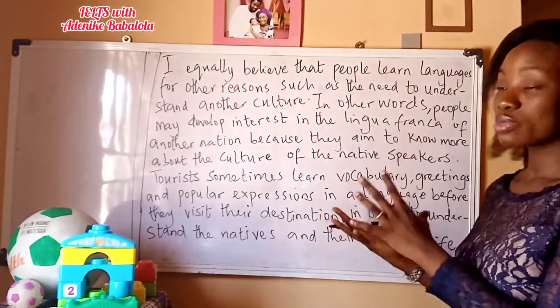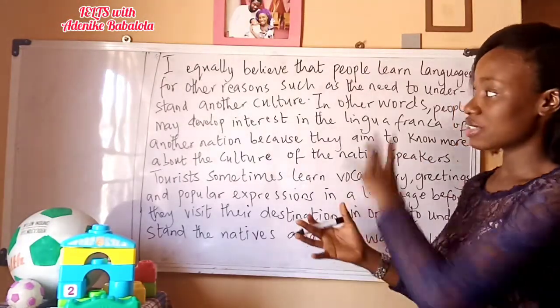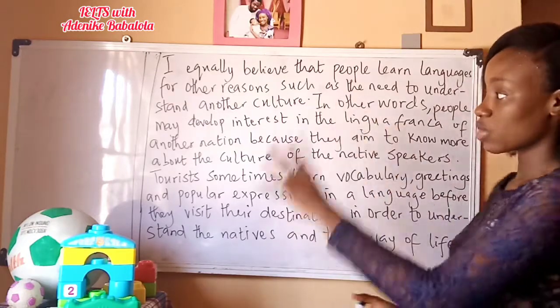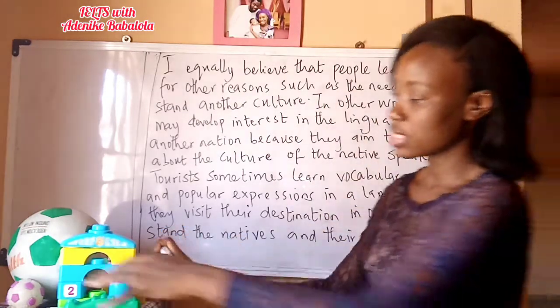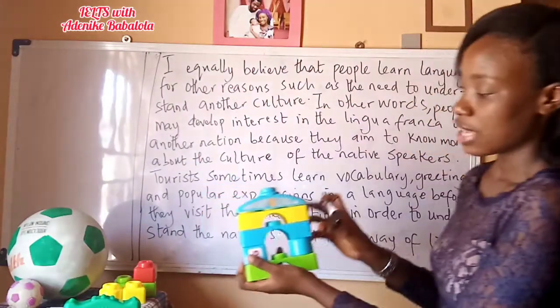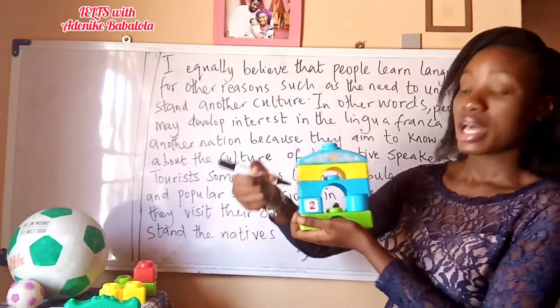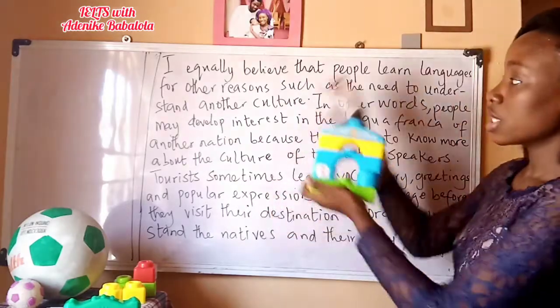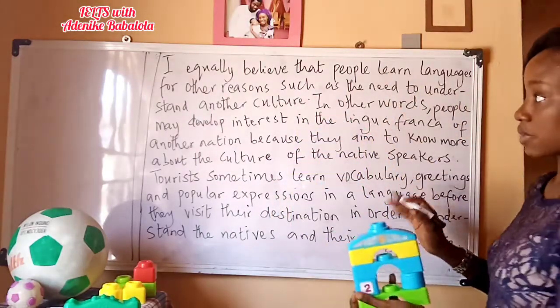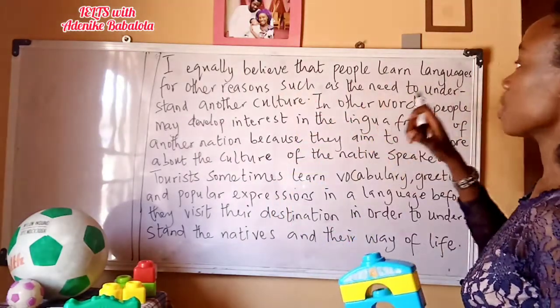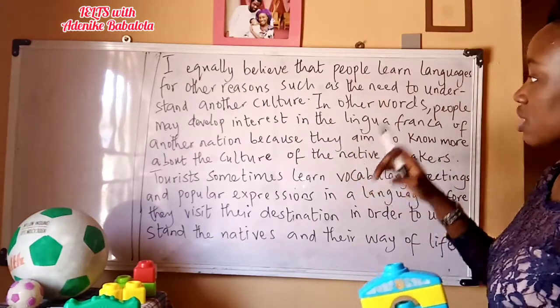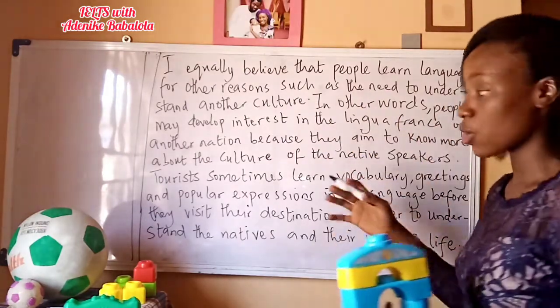This is my own body paragraph, okay? This is my opinion, and this is what the body paragraph looks like. So this is what it is. I've talked about the introduction, I've discussed view 1, I've discussed view 2, and because I agree with view 2, this is what my paragraph looks like, okay? I equally believe that people learn languages for other reasons, such as the need to understand another culture, okay?